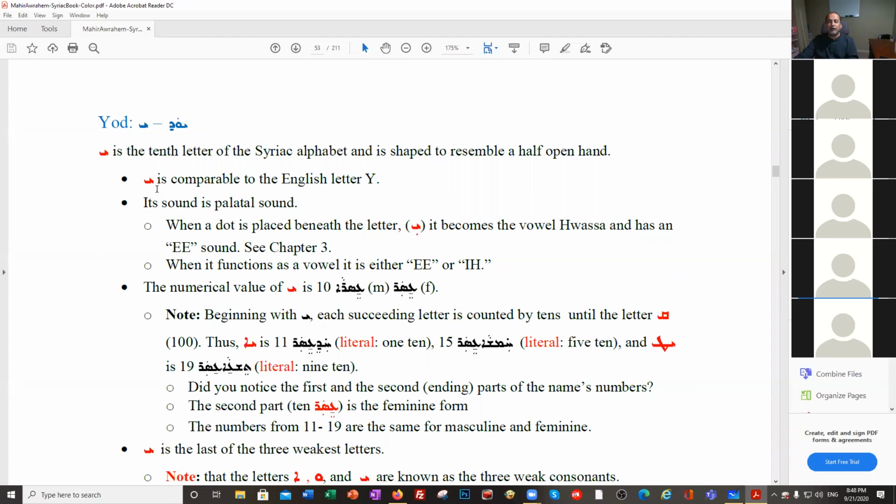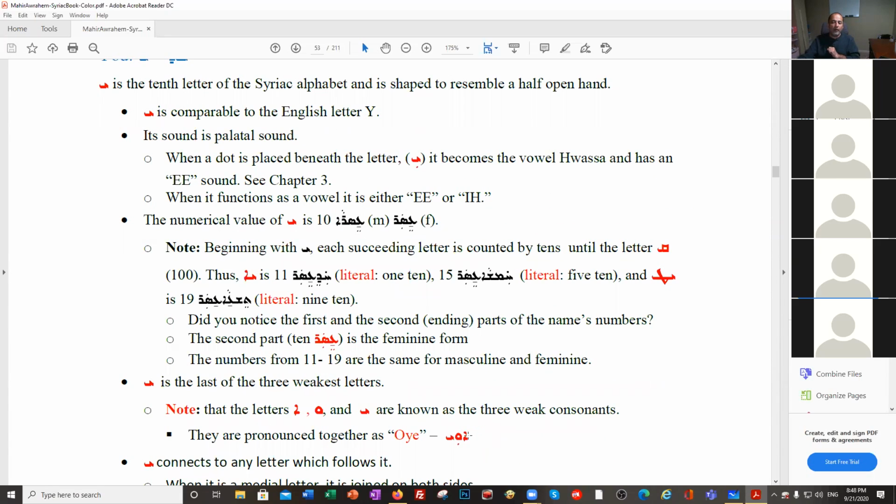Yod, most likely is silent at the end, just like Waw when it has no vowel, and that makes it the third weakest letter in Surah. So we have 3, and I mentioned them: Alap, Waw, and Yod. If you're gonna put them together, it sounds like Oi. And Oi in English probably means something other than what it means in Surah.